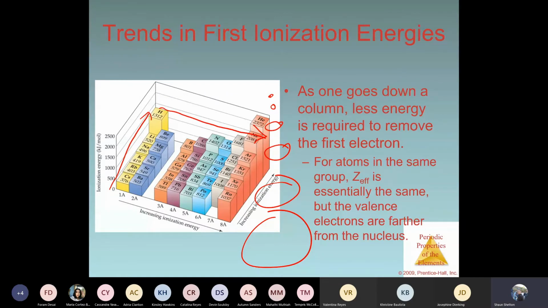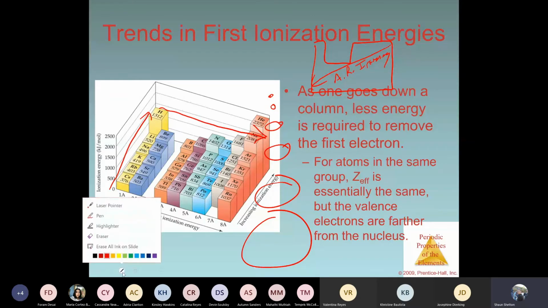So if we were to draw two arrows here based off what we talked about last time. All right, the first arrow that we drew was this direction. This dealt with atomic radius, where it's increasing in that direction. So that was the directional change for the pattern with atomic radius. Now in this topic with ionization energy, it's the opposite.